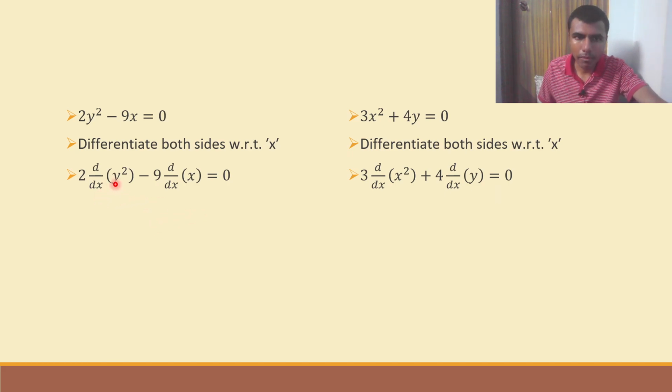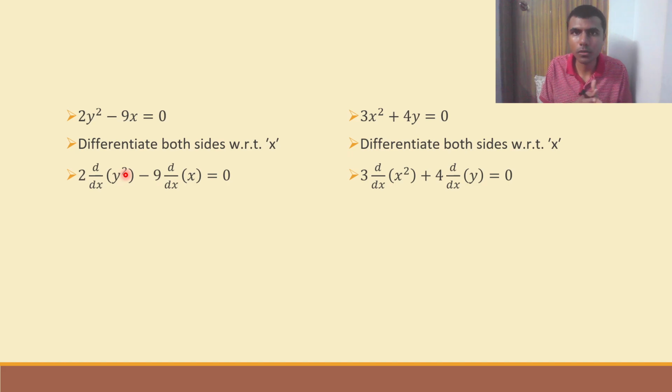Now, derivative of y square. Now listen carefully, guys. What is the derivative of x square? Derivative of x square is 2x, but derivative of y square is 2y dy by dx. See here, I'm differentiating with respect to x, but my variable is y.